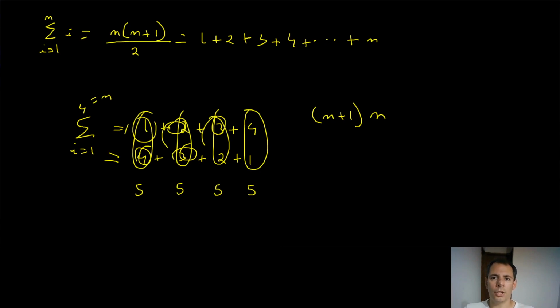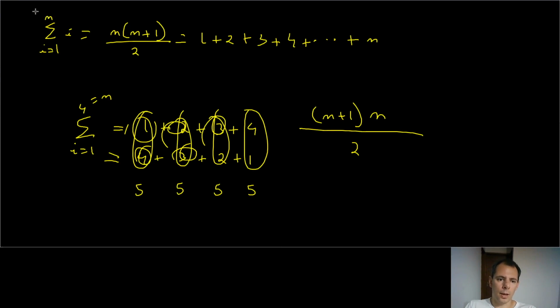But guess what? You're adding the sequence twice: first in the forward order, and then in reverse order at the bottom. But you just want to add the sequence once, not twice. So you divide this thing by 2. Now look at that: n times n plus 1, divided by 2. It's the same thing here: n plus 1 times n, divided by 2. That's where the formula comes from.